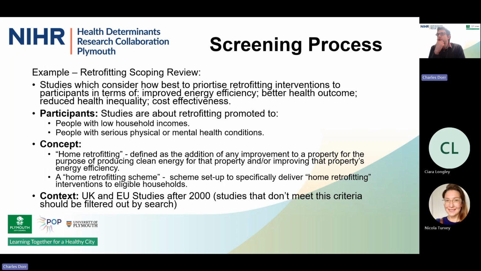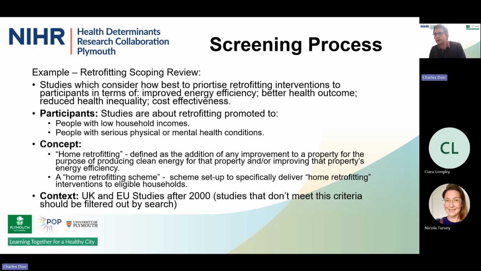So we were interested in studies which basically considered how best to prioritize retrofitting interventions. And it's important to define our participants. So we were interested in studies where retrofitting is promoted to people on low household incomes and people with serious physical or mental health conditions. And the concept was home retrofitting and home retrofitting schemes.